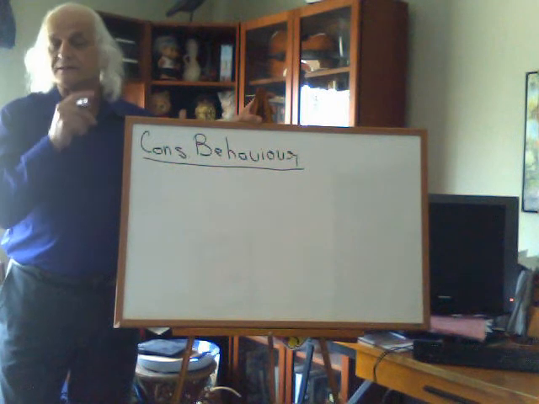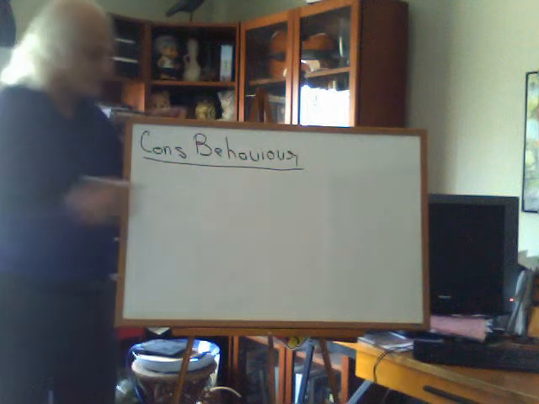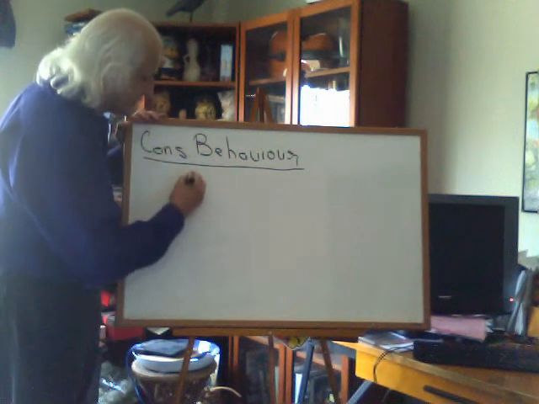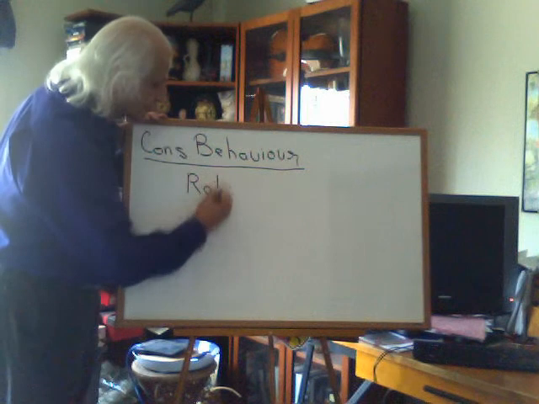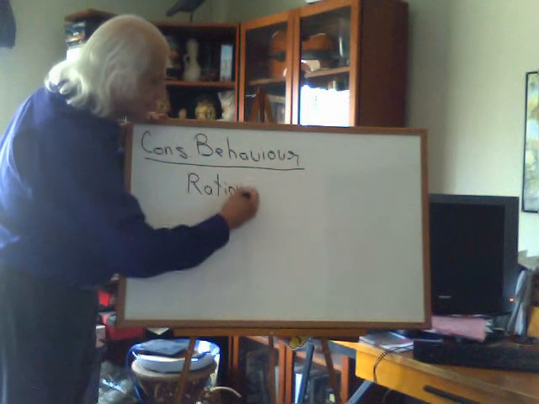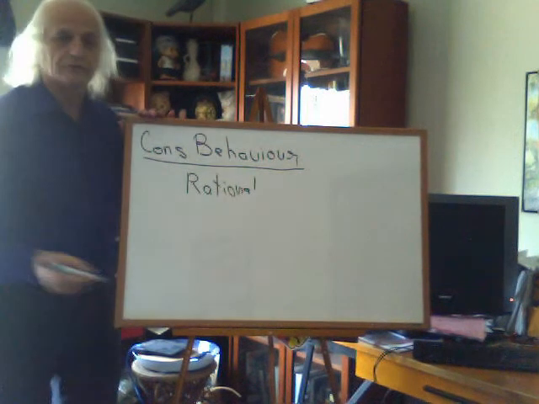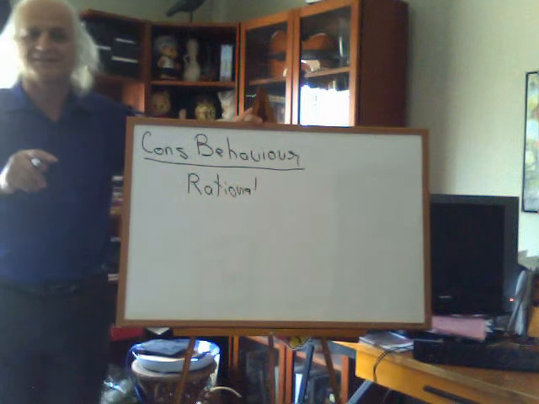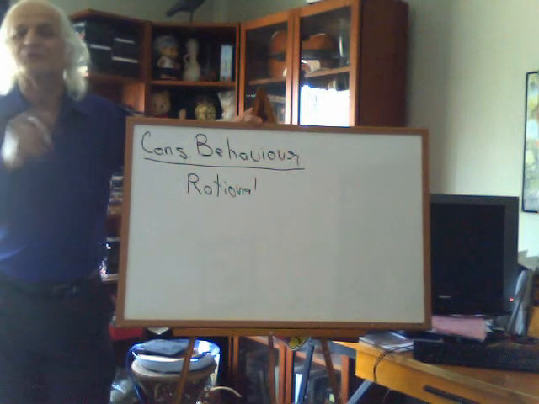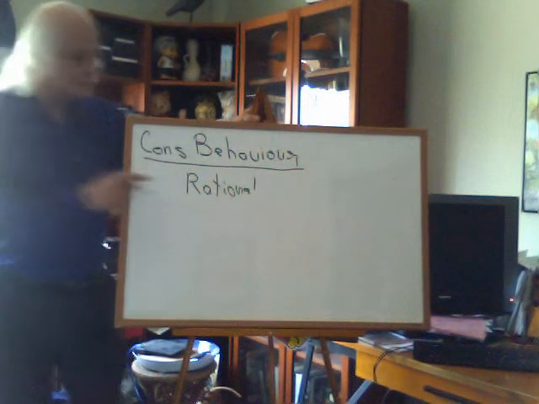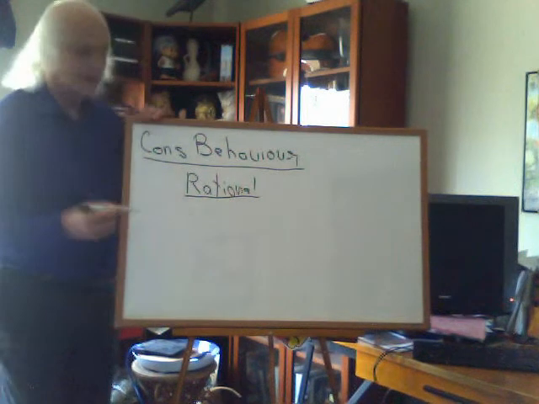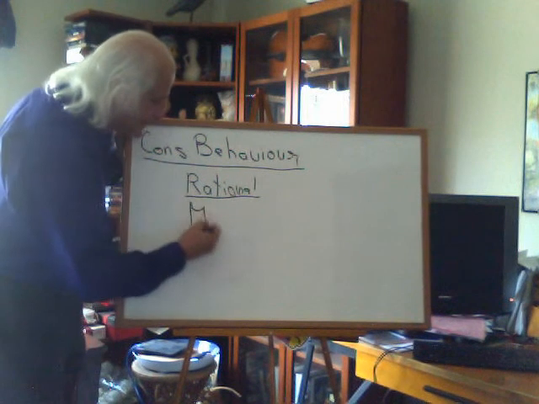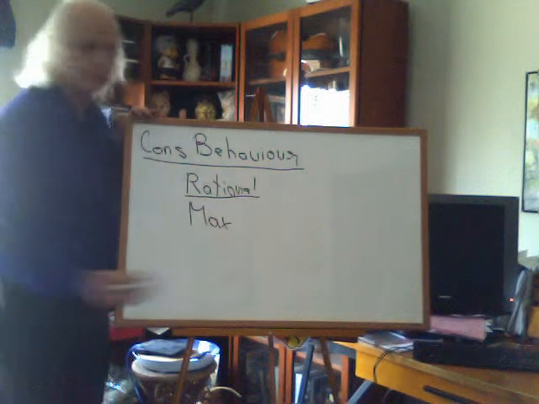But again, there are sets of assumptions. One of the most important ones, which again we've already mentioned before, is that of rationality. So the consumer is rational. You don't have the right to say that you're not rational, because the consumer is going to have to act in a particular way in order to maximize her utility.